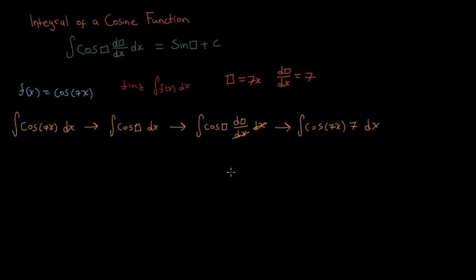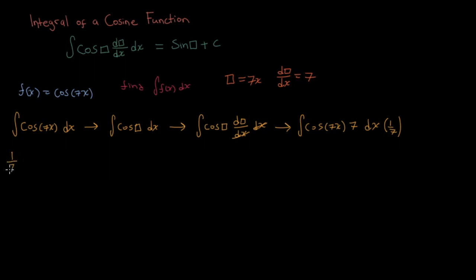The only problem is that since there's a 7 here, this is a completely different expression than before, because that's 7. It's not the same thing anymore. To remedy that, a creative way of doing it is adding a 1 over 7. What that does is these 7's cancel out. And then we can take this 1 over 7 out of the integrand and write it this way.